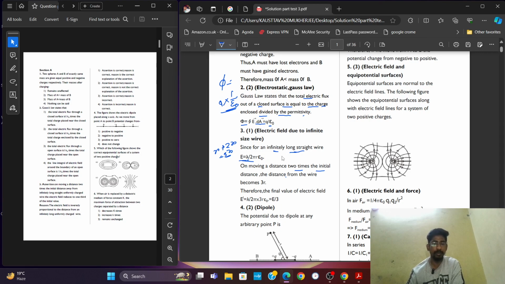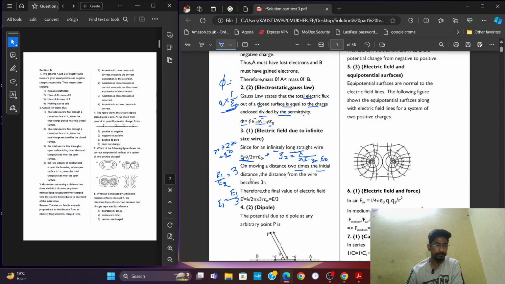So if we put the value here, this is E1. Then E2 will be equal to lambda divided by 2 pi, and in place of r we place 3r. Therefore E1 by E2 will be equal to 3. That means E2 equals E1 by 3. Therefore, the assertion is correct. It will become 1/3.